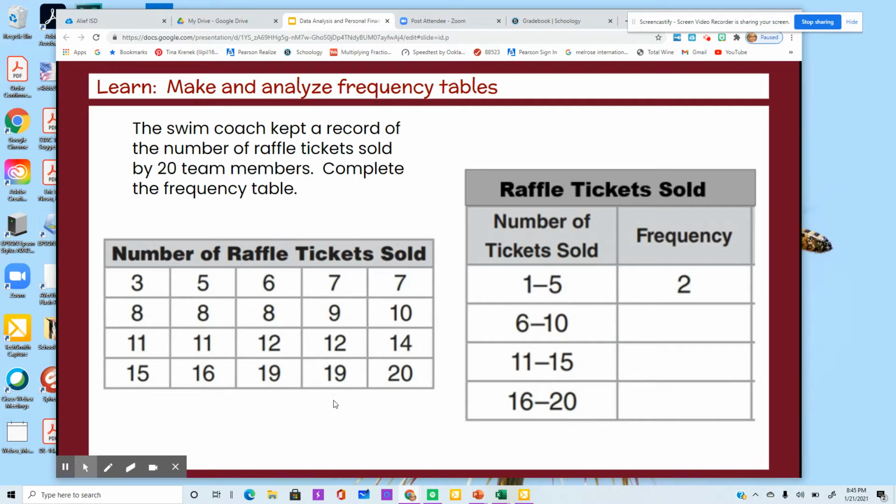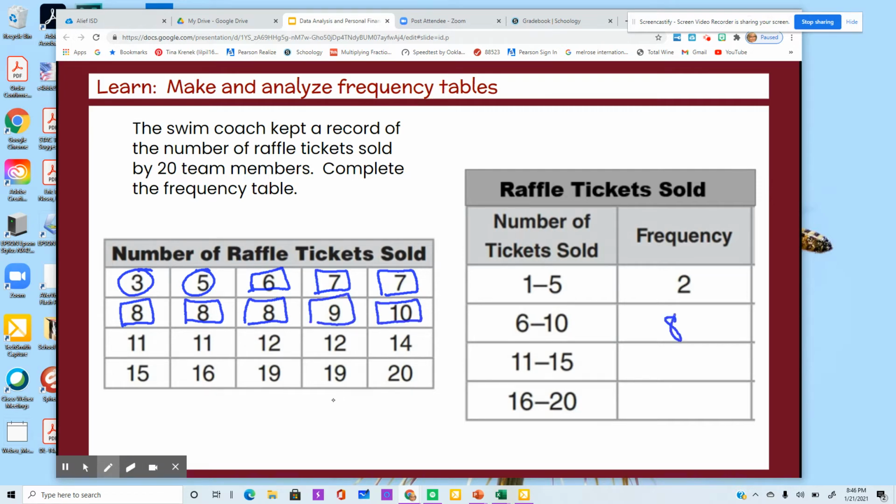Okay, so the swim coach kept a record of the number of raffle tickets sold by 20 team members. Complete the frequency table. So if we look here, we have the number of tickets sold, 1 to 5, and 2 people sold between 1 and 5 tickets. Then 6 to 10: 1, 2, 3, 4, 5, 6, 7, 8.